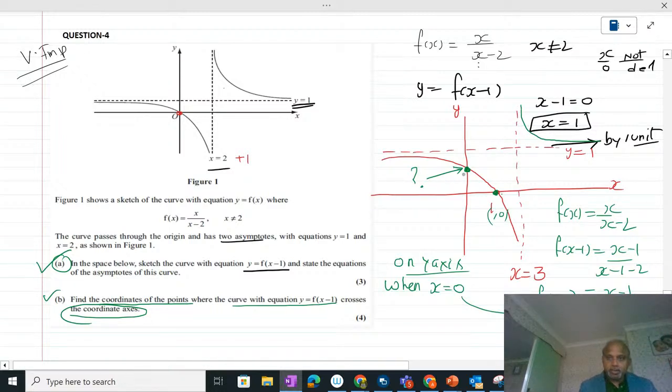So the coordinate of this point will be 0 and 1 over 3, because if you put 0 minus 1 and 0 minus 3, that is minus 1 over minus 3, that is 1 over 3. So this is 1 and 0, and 0 and 1 over 3.